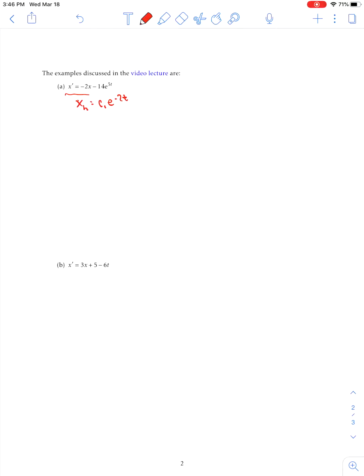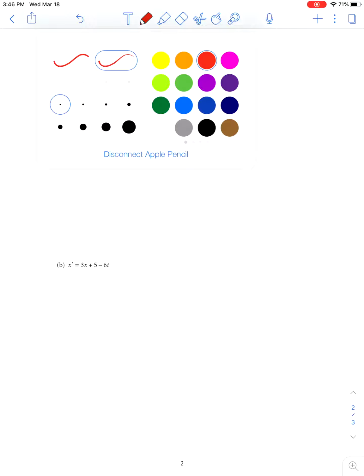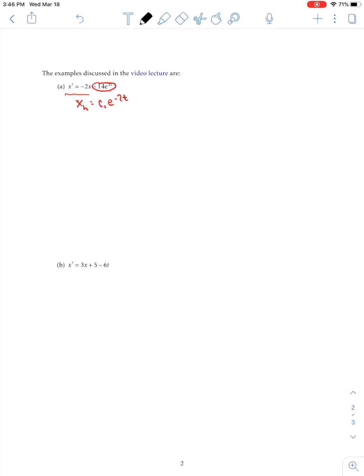The forcing function is minus 14 e to the 5t. And so our guess then is going to be an exponential with the same exponential number, the e to the 5t. So I'm going to guess an a naught e to the 5t. And now I'm going to stick this into the ODE.